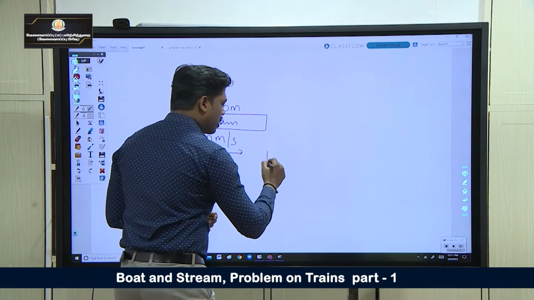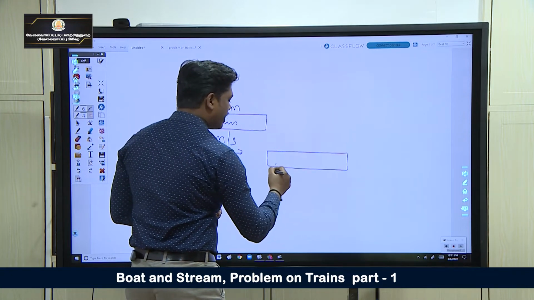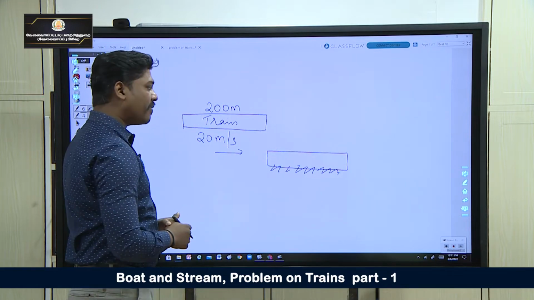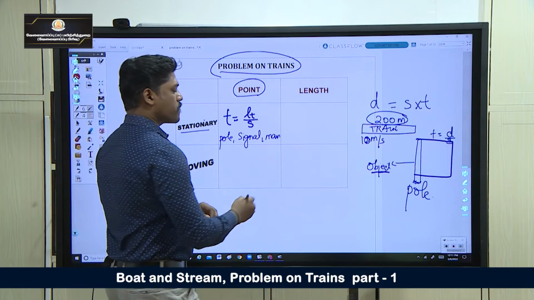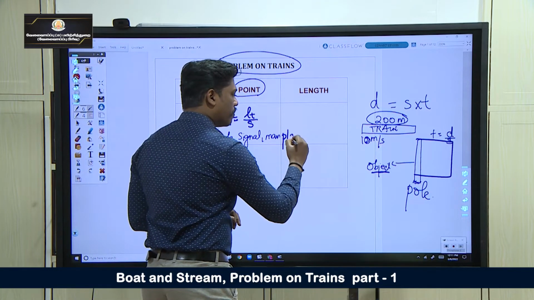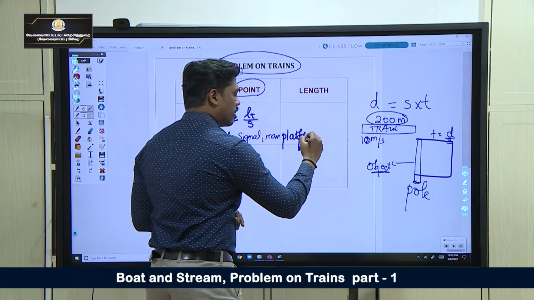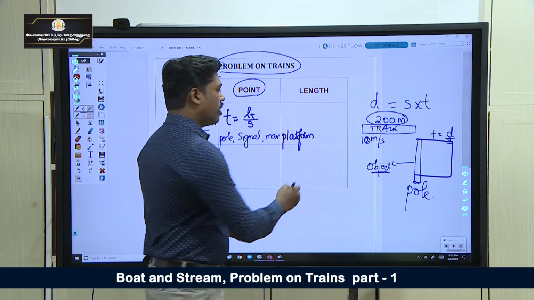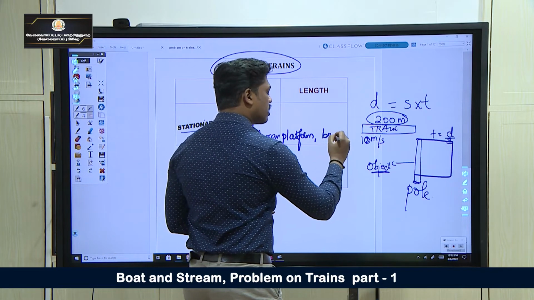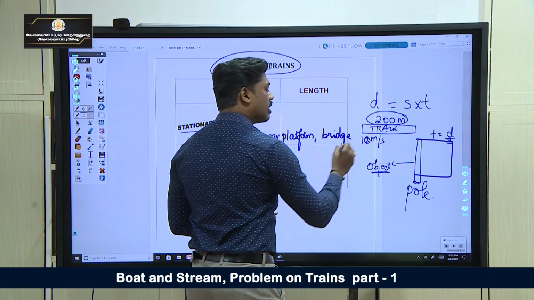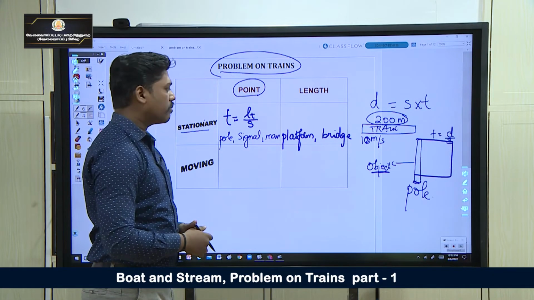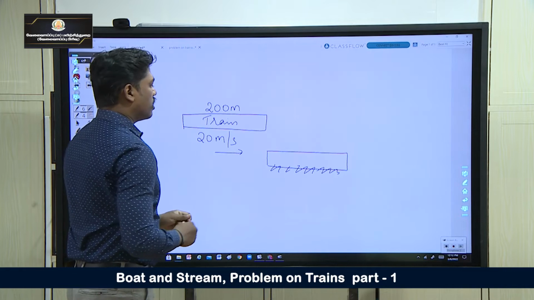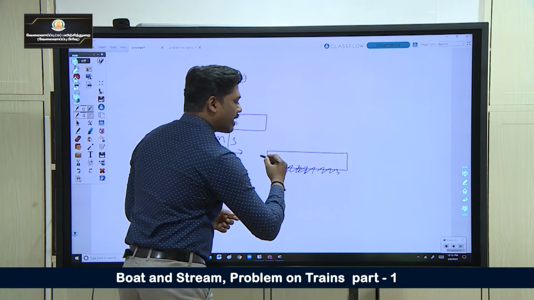So we are having the stationary object, it is fixed, but it has some length. What example can we tell? A platform. Have you seen a platform? A platform is a fixed point, but it has length. Or a bridge, or a tunnel. A bridge and a platform are examples here for stationary length. So it is fixed, stationary, and has some length.